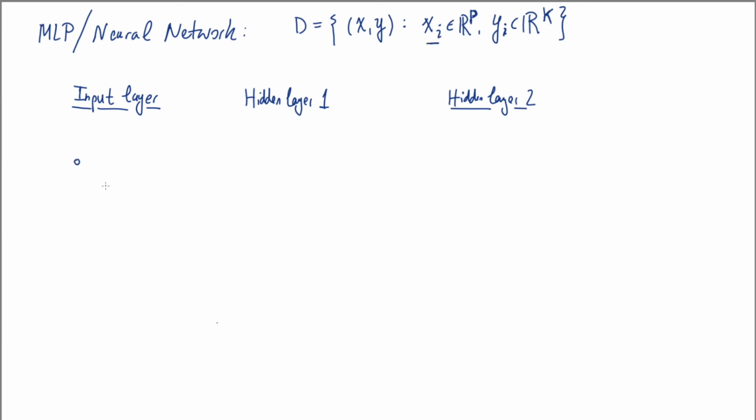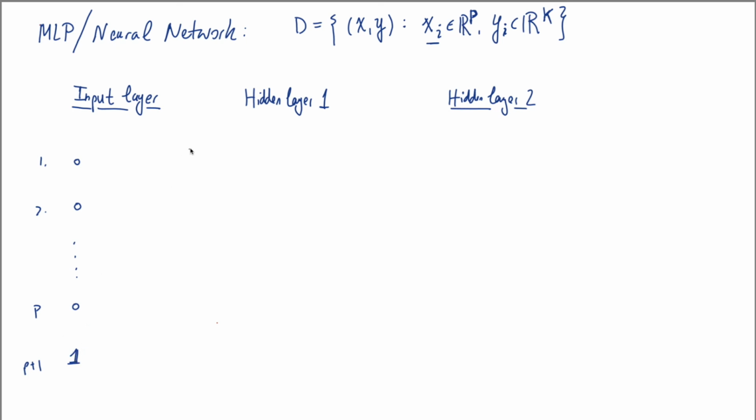The input layer is where I put my inputs. If they're p-dimensional, then I'm going to have p sites or p inputs. Usually we'll have an extra input called the one input. So this is going to be 1, 2, ..., p, p plus 1. And you probably guessed exactly what this means. P plus 1 is just like linear regression. The extra 1 term here is just for a bias.